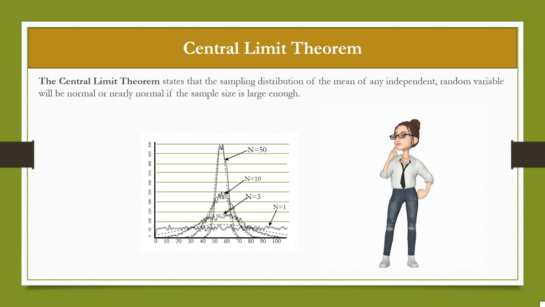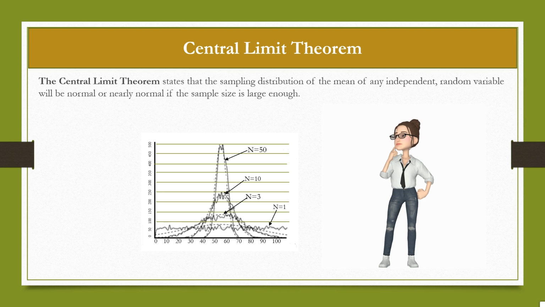This graph shows a clearer understanding of the central limit theorem. You can see each sample here, and the mean of each sample is almost on the same line. This is exactly what the central limit theorem states.